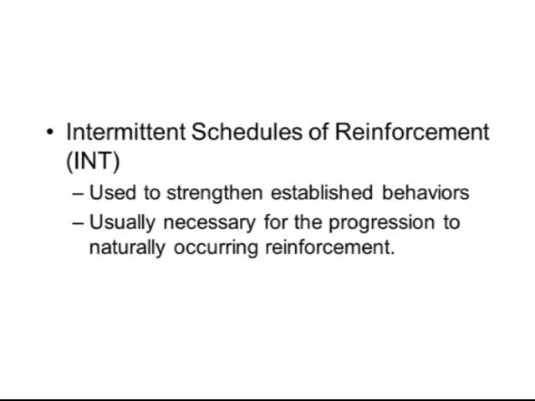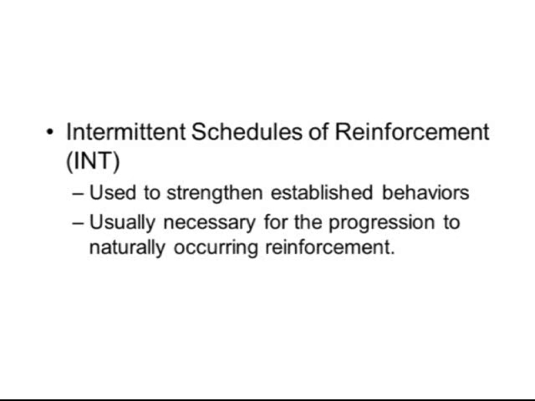In other words, the behavior will occur longer without being reinforced, either naturally or through some kind of reinforcement program. And it's the way that we build a bridge between some kind of programmed reinforcement and the behavior being maintained by naturally occurring reinforcement.